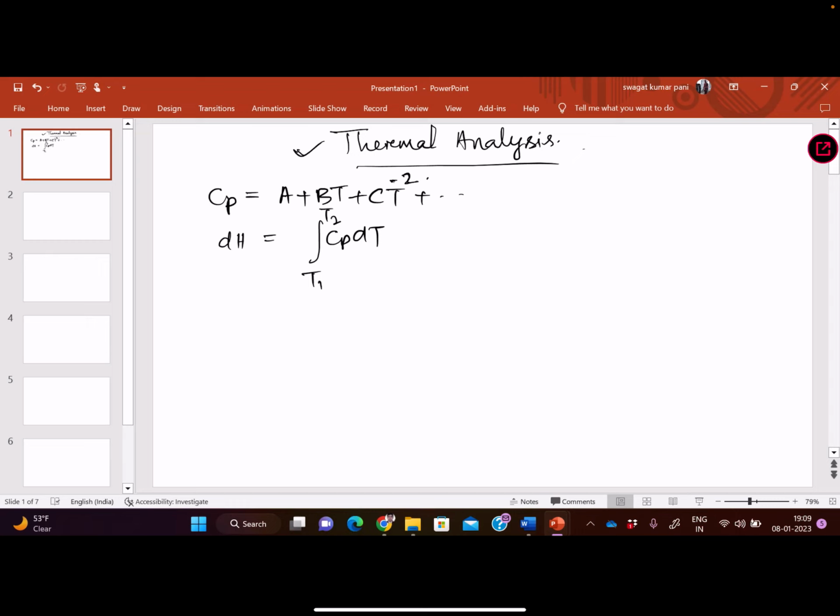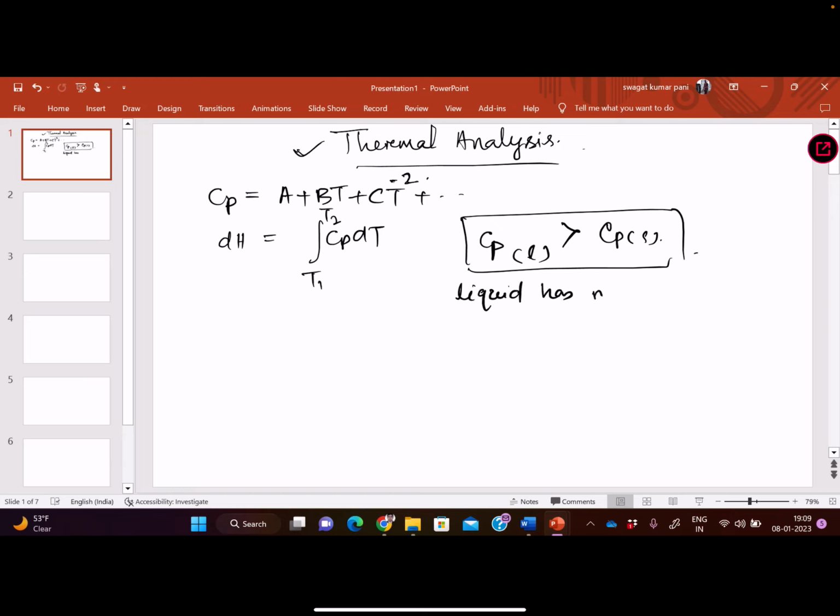And one more important point: Cp of liquid is always greater than Cp of solid. Why? Because liquid has a more open structure.